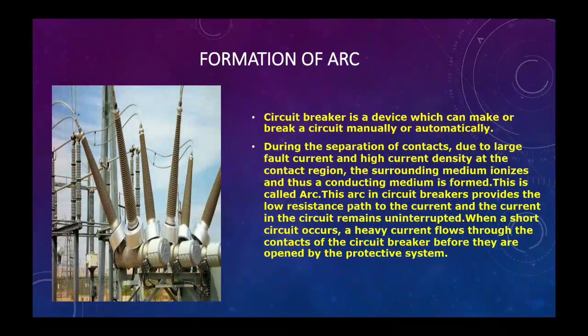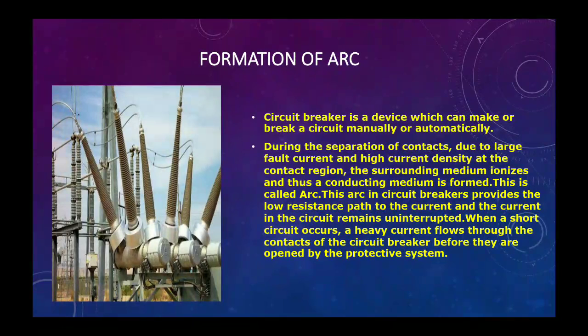Or you can say a circuit breaker is a device which is used to separate the faulty electrical part from the healthy electrical part automatically or manually. You can see here an image of a substation where an oil circuit breaker is installed.